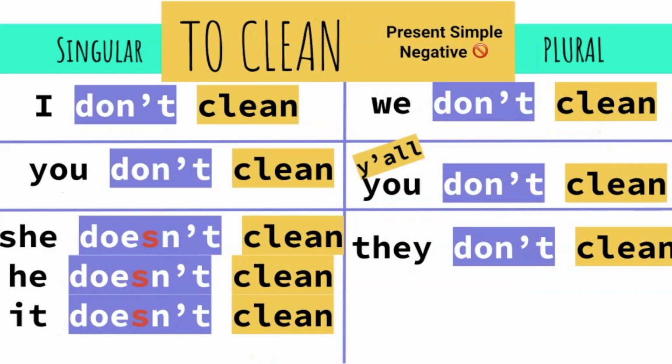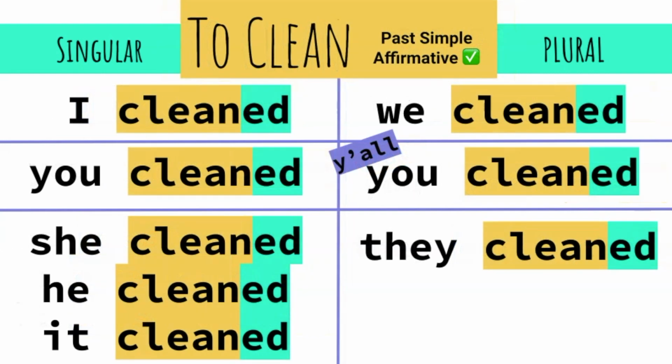I don't clean, you don't clean, she doesn't clean, he doesn't clean, it doesn't clean, we don't clean, you don't clean, y'all don't clean, they don't clean. In the past, the word to clean is written I cleaned, you cleaned, she cleaned, he cleaned, and so on and so forth.